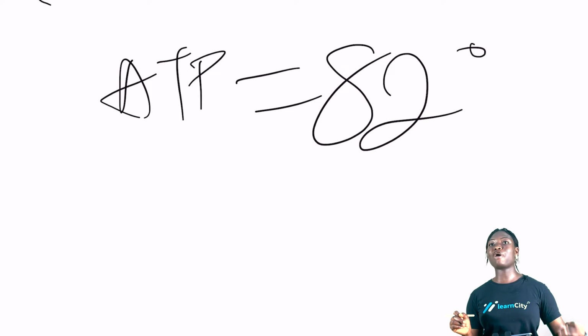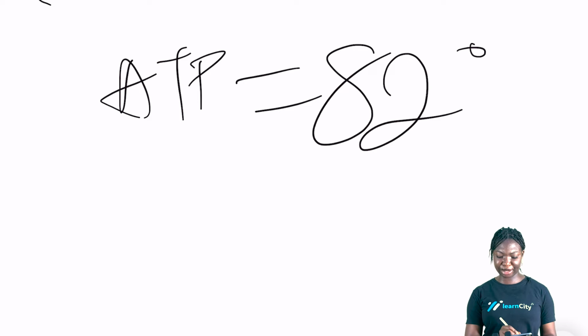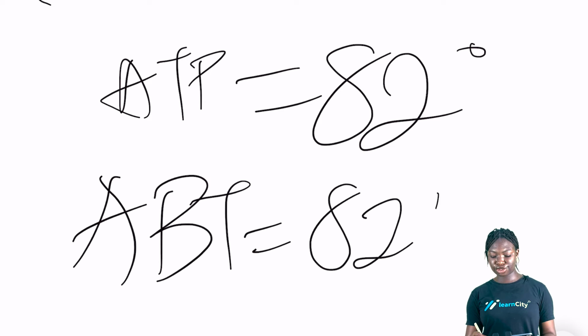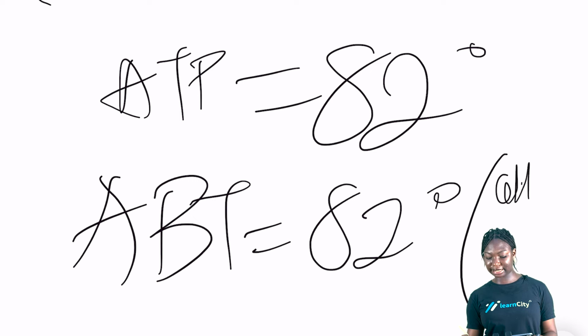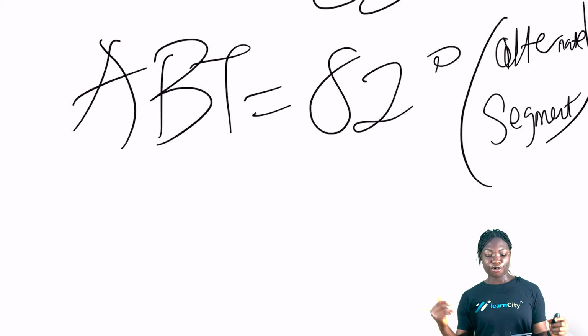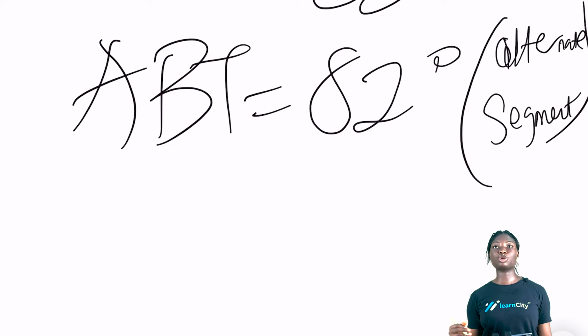Then we have to look for BCT. Since ATP is 82 degrees, our ABT will also be 82 degrees, as they are alternate segments. Now for BAT, we have 180 minus 82 degrees, which is the sum of angles in an isosceles triangle.